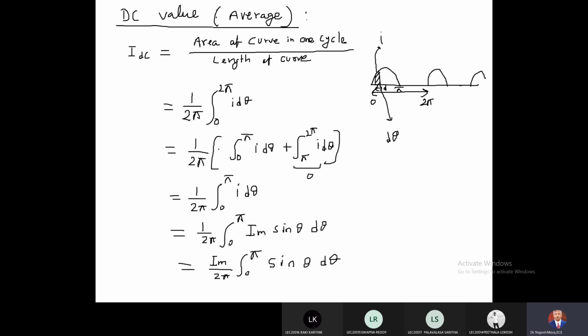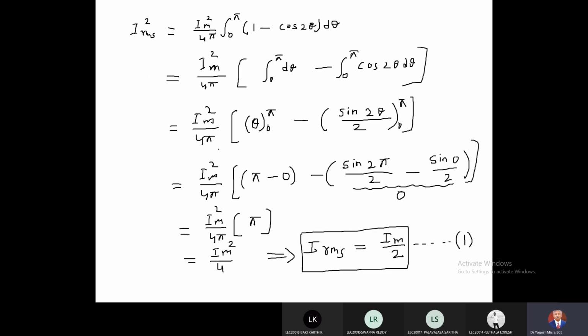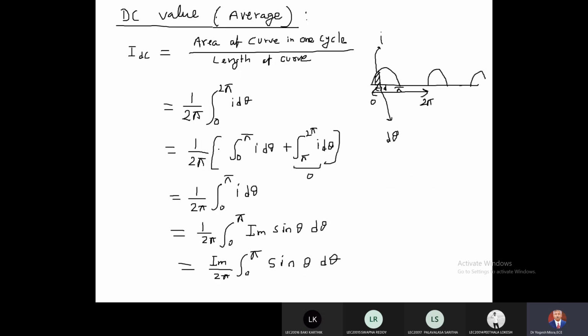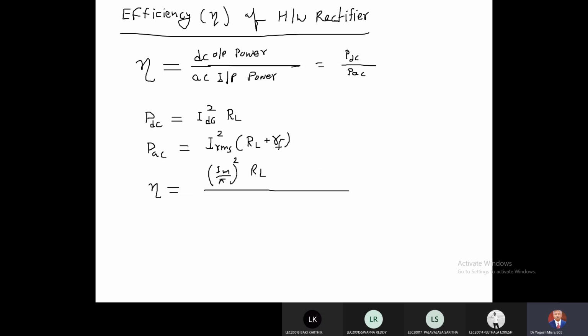The value of IRMS we have calculated in equation number 1, and this is Im by 2. So we write here Im by 2 whole square multiplied by RL plus RF.